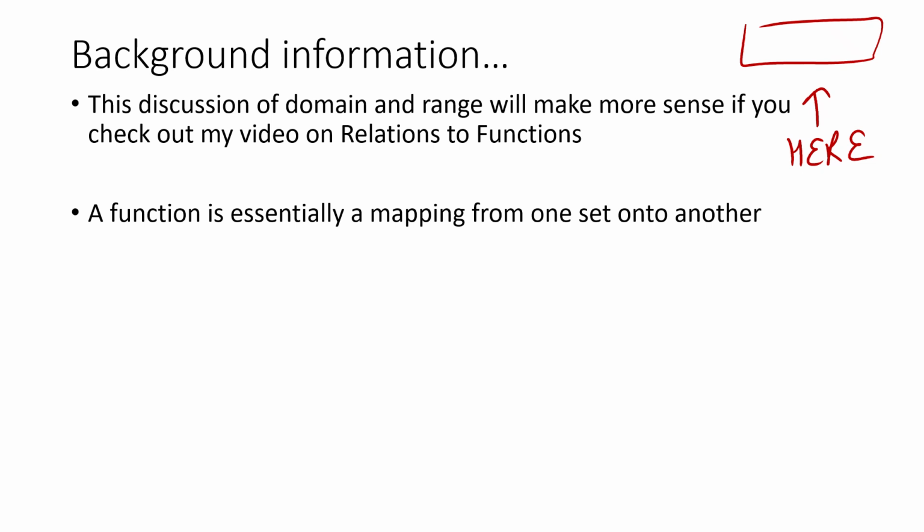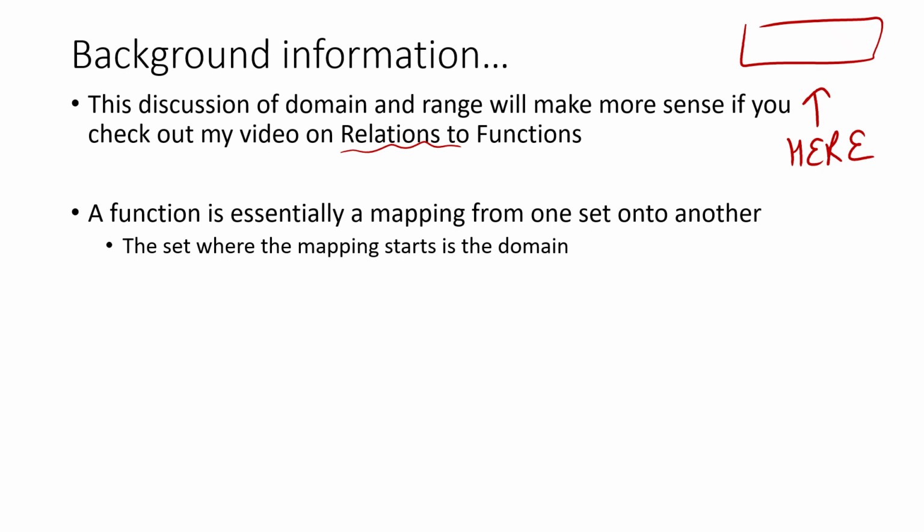Okay, so a function is essentially a mapping from one set onto another, and it's a mapping that meets a particular requirement, meaning that every x maps to only one y value. And that's where that video up there would come in handy. We really look at these mappings and how functions are a specific type of mapping.